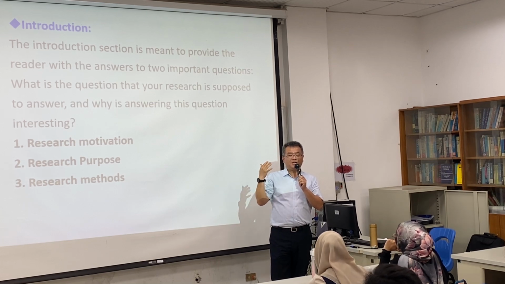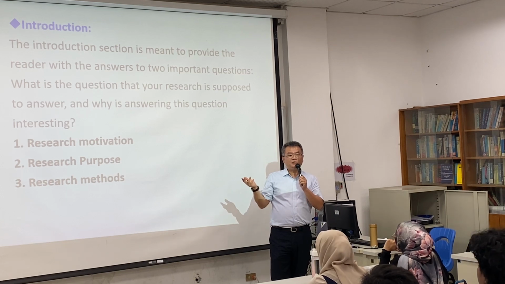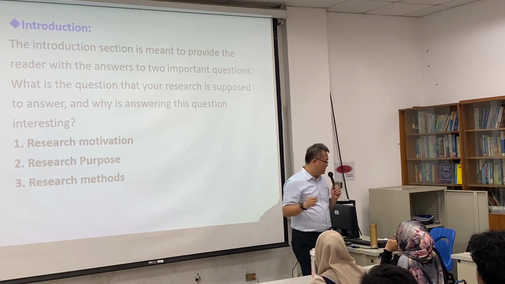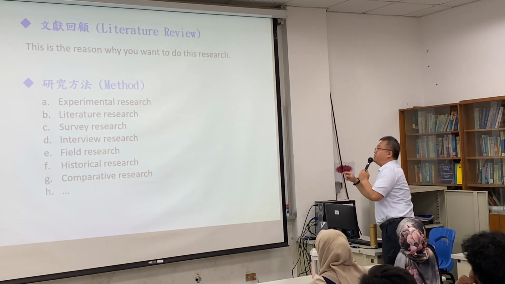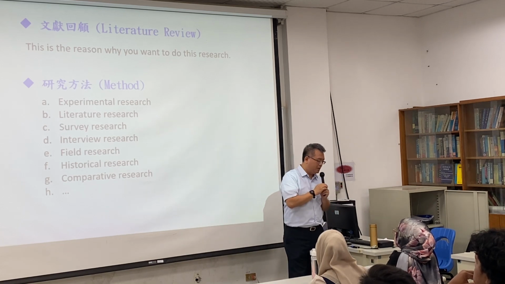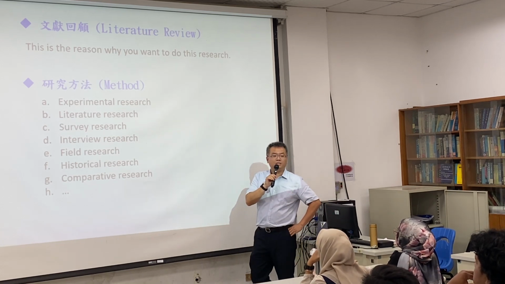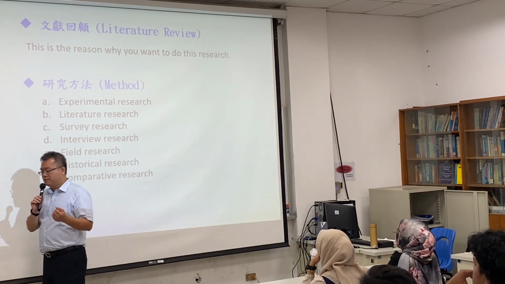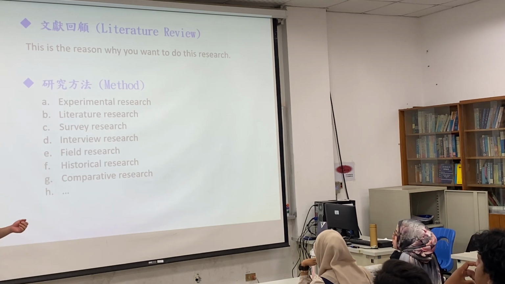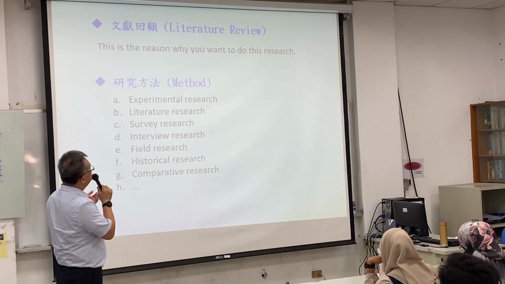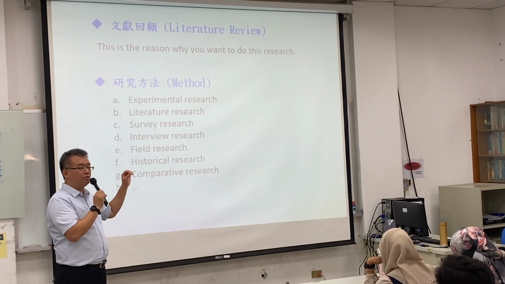You cannot come from nowhere. You need something to support your why. That part is what we call the literature review. That's the reason why the literature review is so important. You need to find some papers, some research to support your reason why you want to do this.